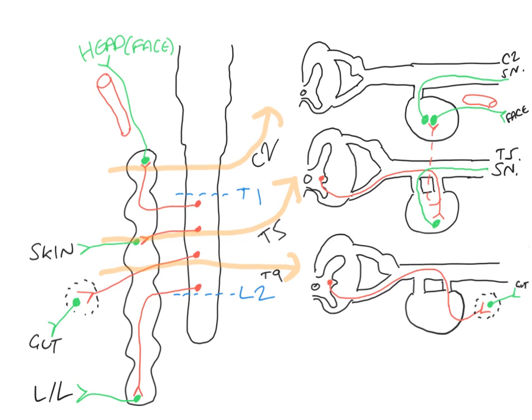The final level which I want to consider is the level down here, and as you should be able to appreciate, I can't assign this a spinal cord level because we're down at the bottom of the sympathetic chain, and the spinal cord has run out, so there is no cord down at the bottom of the vertebral column.